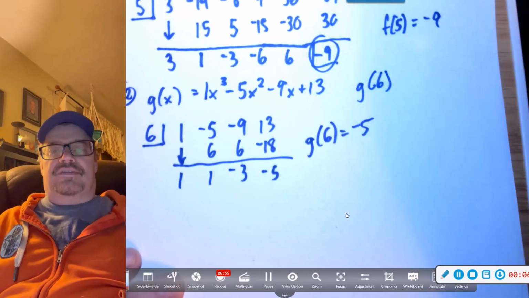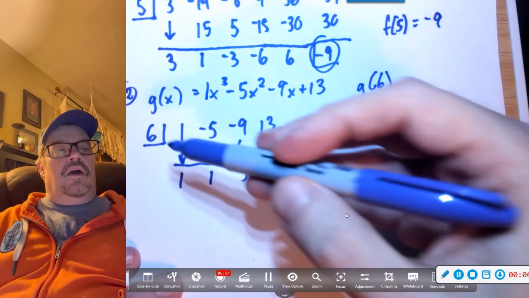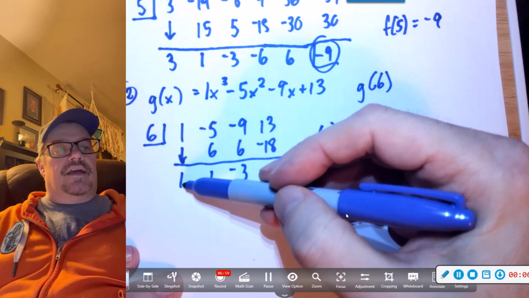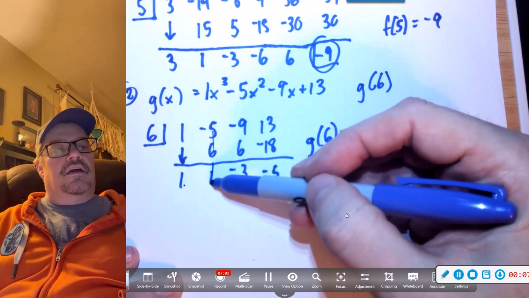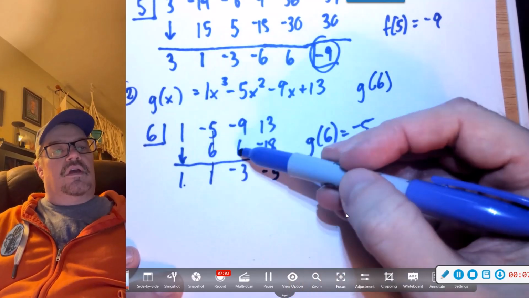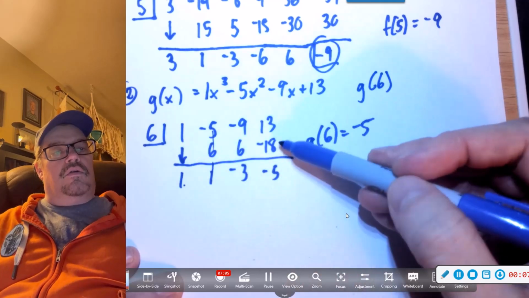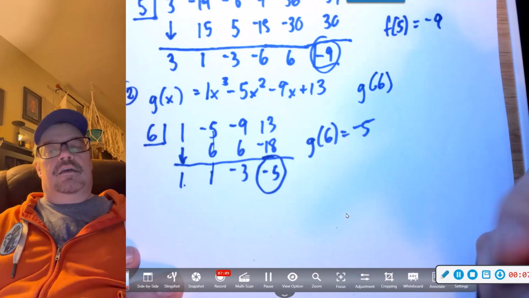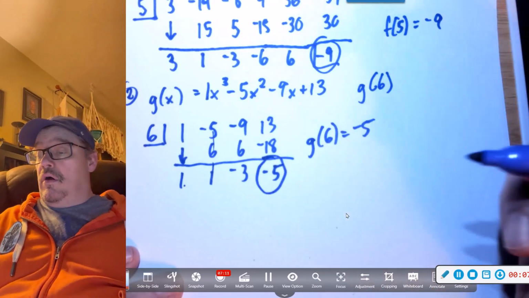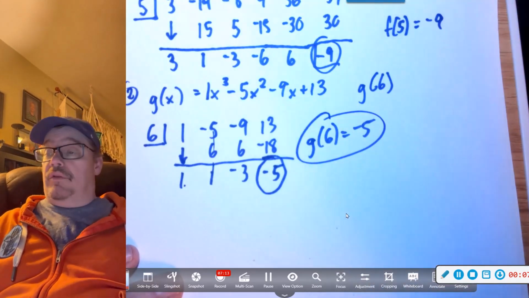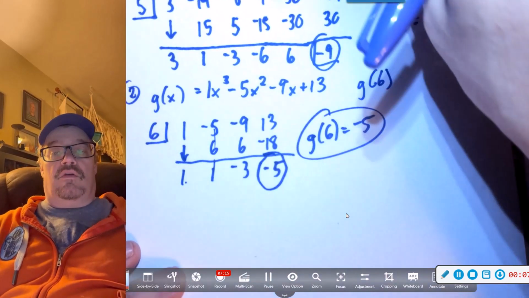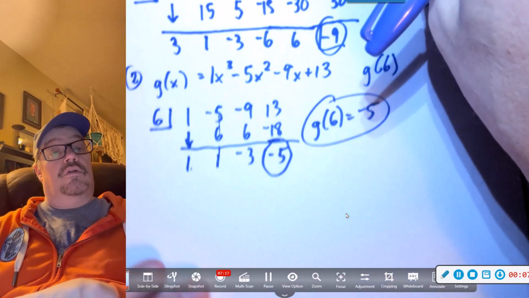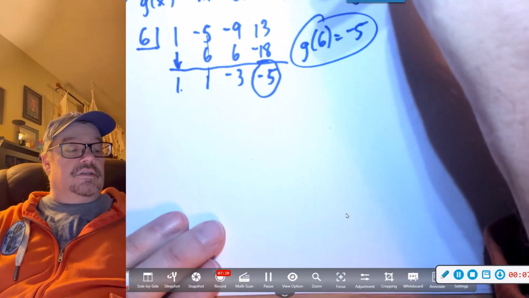I was talking while I was doing it. 1 comes down, 6 multiplies to get 6. Add, multiply, add, final answer: -5. So that is the remainder theorem. Beautiful. A nice, quick and easy little theorem that is pretty useful and expeditious.